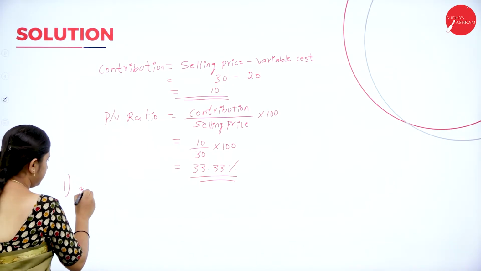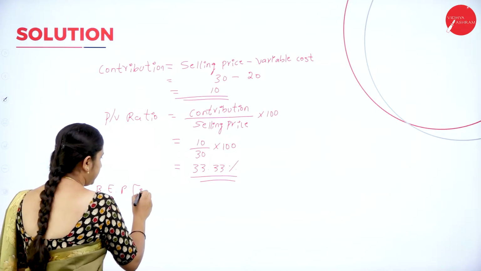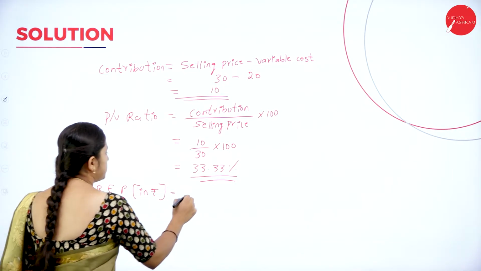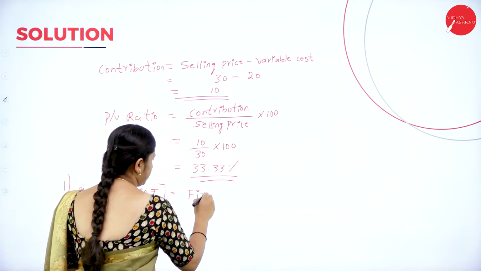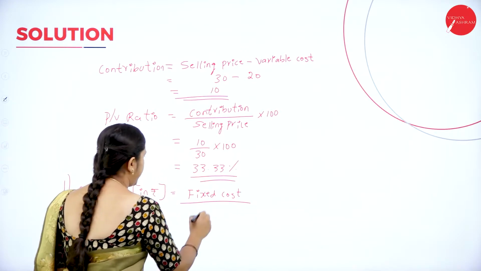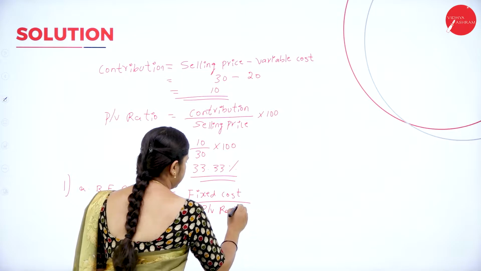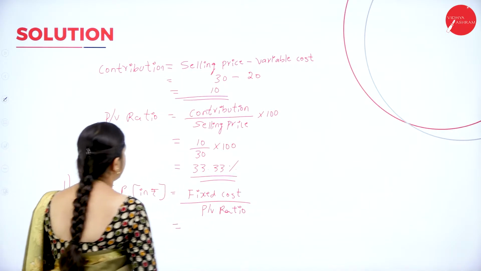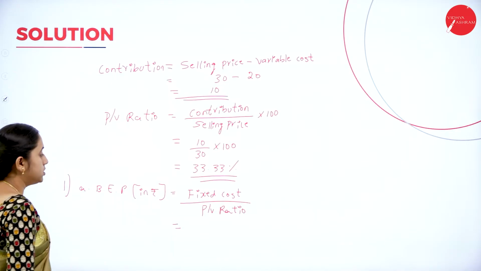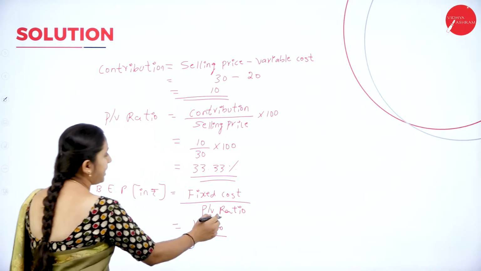Under that, first one, BEP, break-even point in amount, that is rupees, is equal to fixed cost divided by PV ratio. Here, fixed cost is 1,80,000. So 1,80,000 divided by PV ratio.